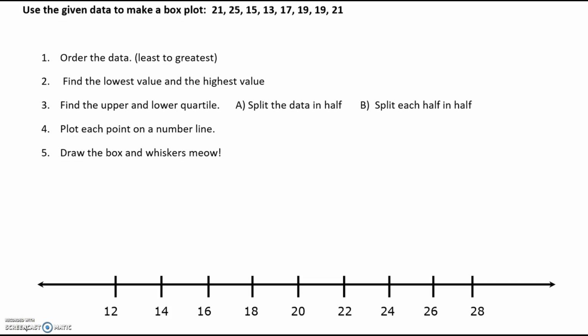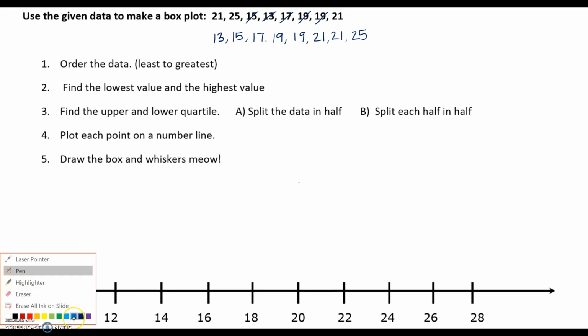So to make it a little more clear, let's make our own box plot. So first what you're going to do is take your data and we need to put it in numerical order from least to greatest. So go ahead and do that now. Okay, so now that you have your data in order from least to greatest, I want you to find the median.